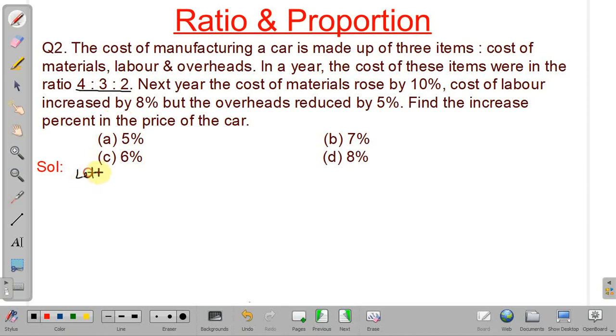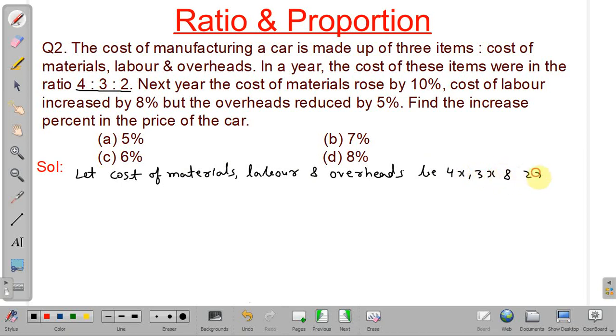Let the cost of materials, labor and overheads be 4x, 3x and 2x respectively, in the first year.